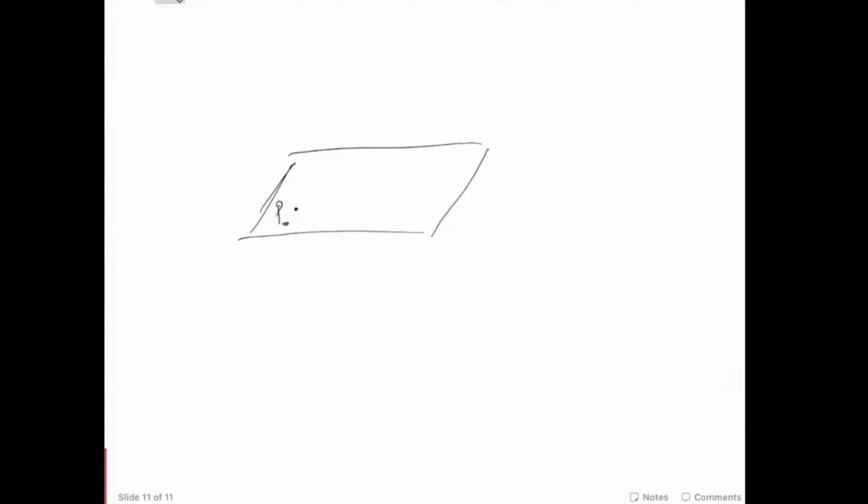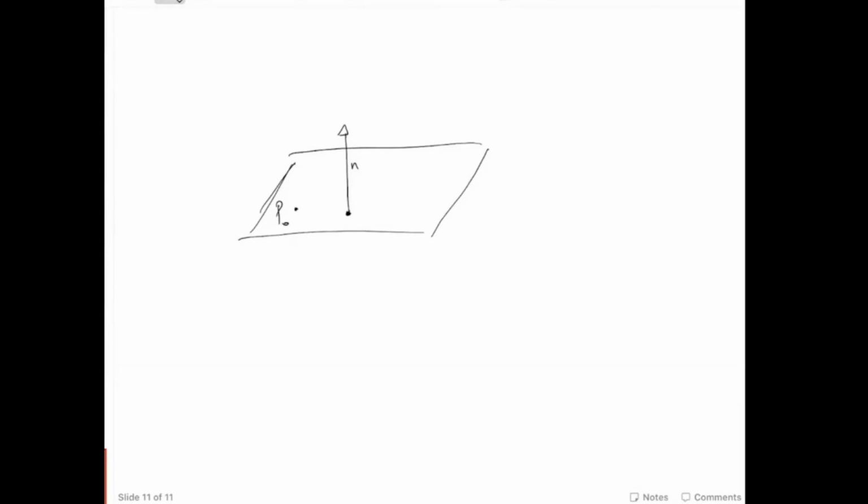And this can be defined by the vector that is perpendicular or normal to the plane, vector n. And of course, this vector is perpendicular to all the vectors lying on the plane.